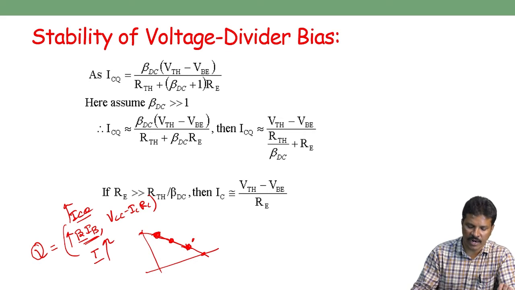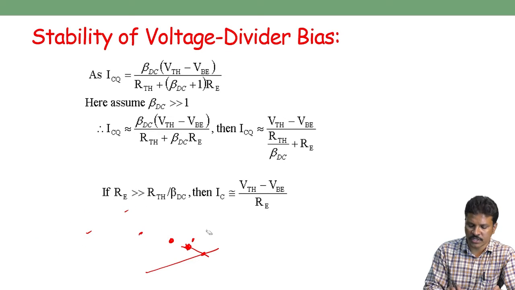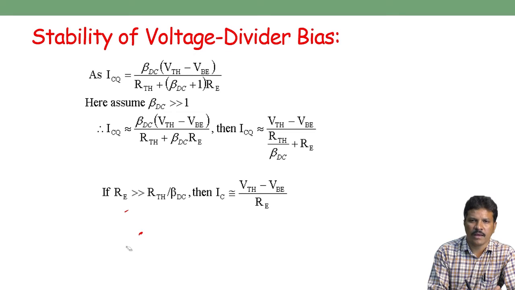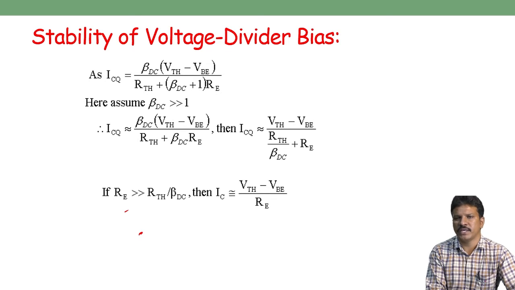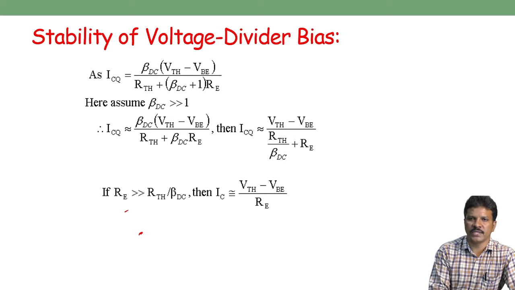In this voltage divider bias, we have a connection at the input side, input to the base region. That input network is connected as a voltage division network, and it can be replaced with the Thevenin equivalent circuit. In this Thevenin equivalent circuit, we apply Kirchhoff's voltage law at the input side.